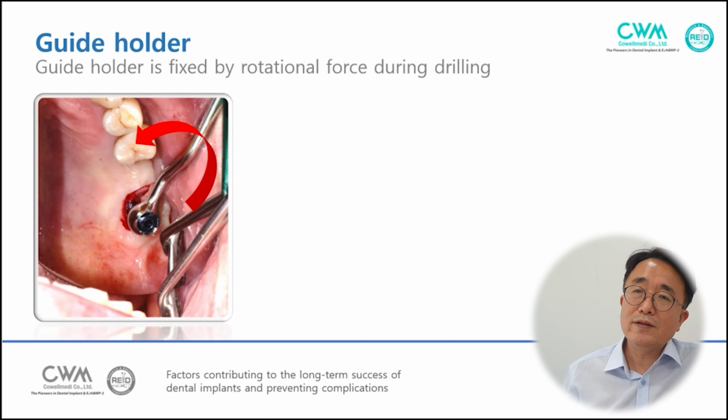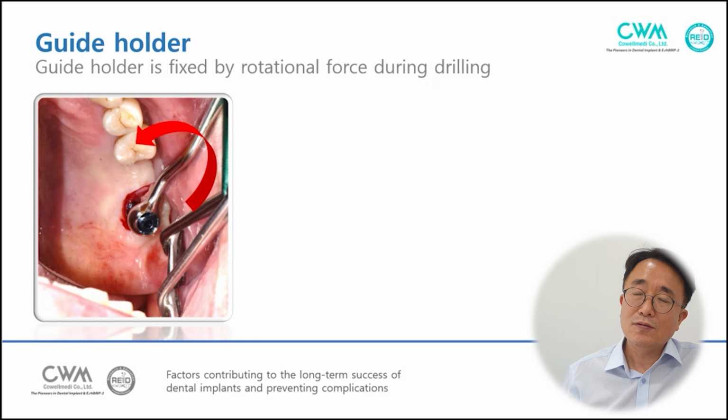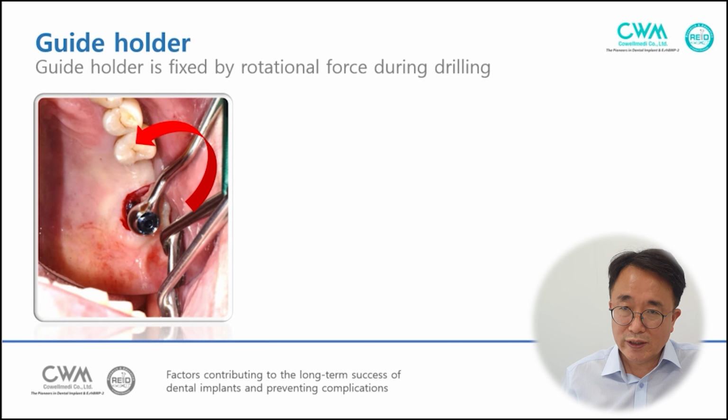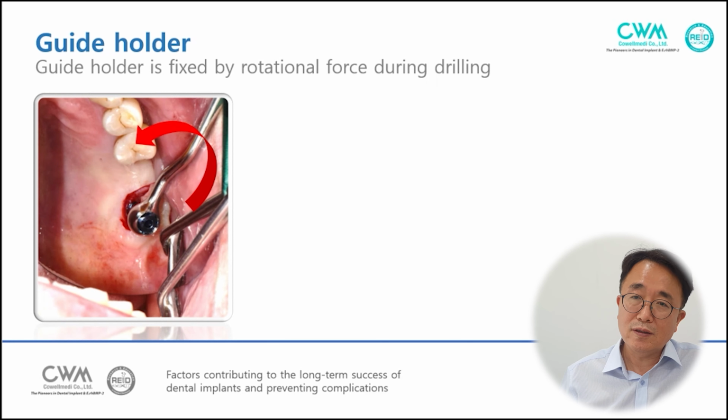So slightly you have to torque two sides, and you can fix the position of holder and guide. And then you have to do drill. If the holder force is loose, this direction could be changed. So you have to keep this holder orientation.